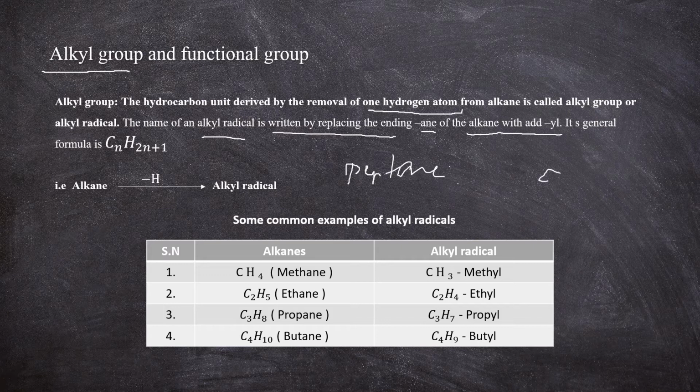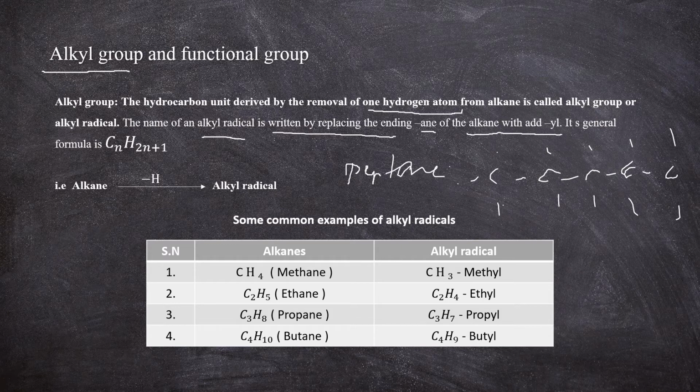The molecular formula of pentane is C5, with carbons 1 2 3 4 5, and hydrogens attached. By the formula CnH2n+2, with n equal to 5 we have 12 hydrogens. So what happens here is the removal of one hydrogen atom.